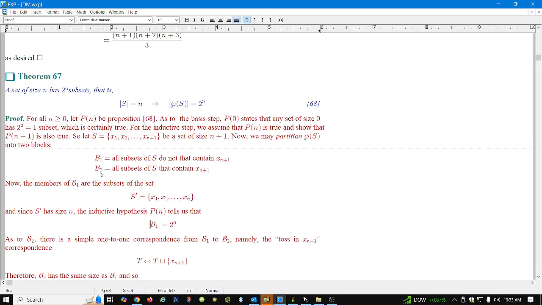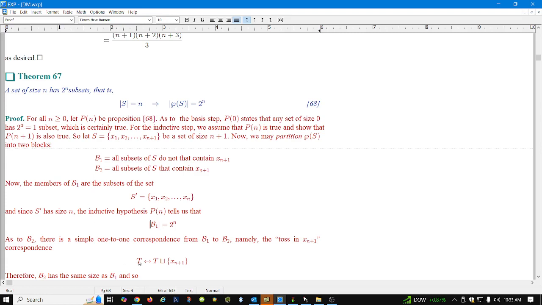What do we do about B2, the subsets that do contain x sub n plus 1? Well, as it happens, there's a one-to-one correspondence between these 2 blocks. Moving from B1 to B2, all we have to do is toss in the missing element x sub n plus 1.